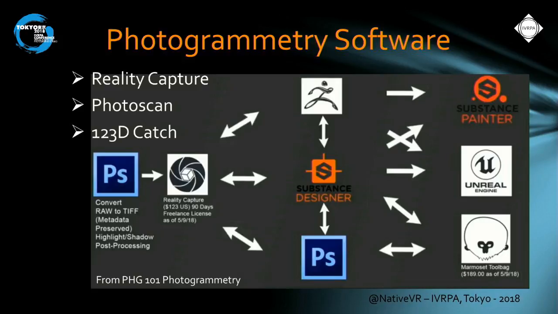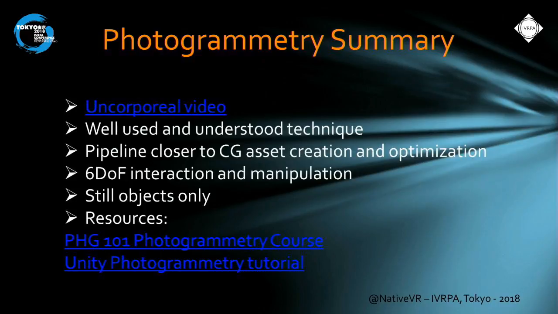But there are a lot of other software you need to use: 3D software, texture software to bake the texture, then a game engine. So it's not a simple workflow, but it is well used and understood. I want to show this video that shows a quick summary of what it is.